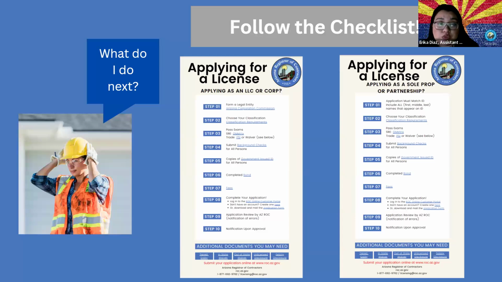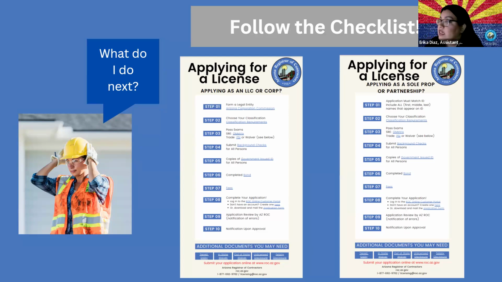All these items go with one another. Knowing who the applicant is and knowing the classification leads you towards the type of exams you take, which leads you towards what is needed on your bond for LLCs and corporations. That helps you ensure that you have the correct people listed on your application.